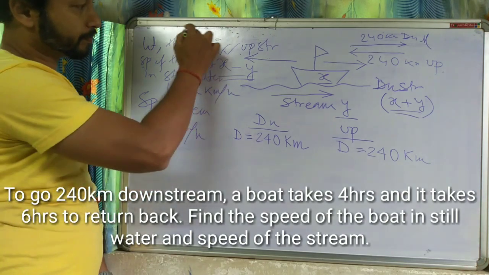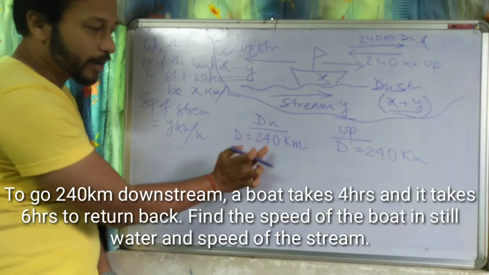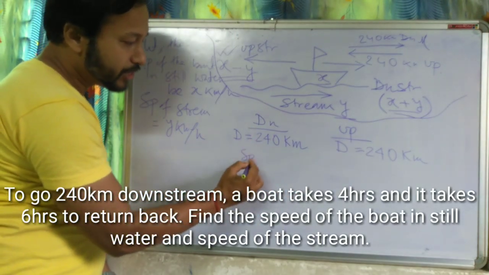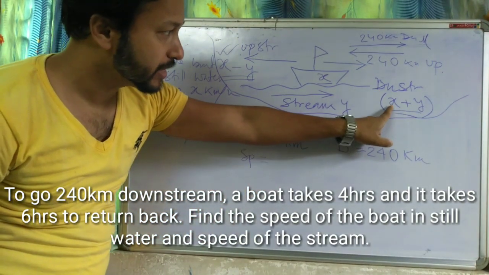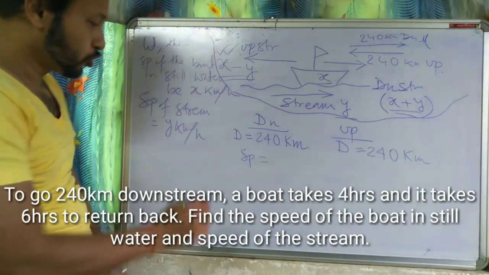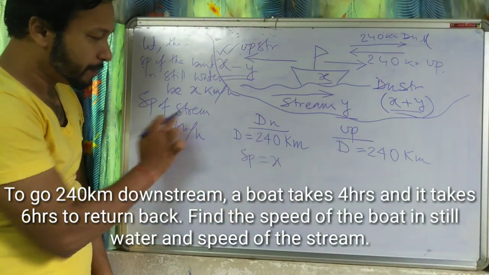So for downstream, what is the speed? In downstream the speeds get added. The speed of the boat is x and the speed of the stream is y, so it is x plus y.